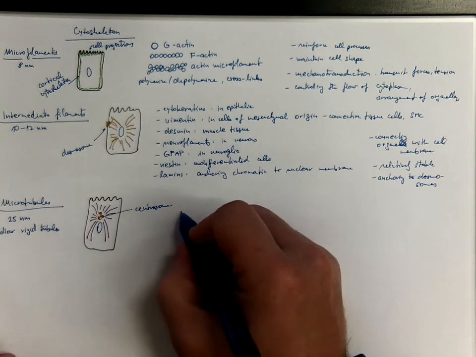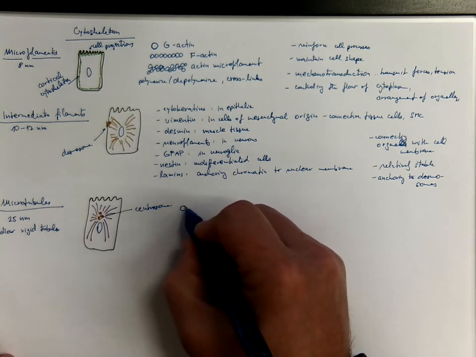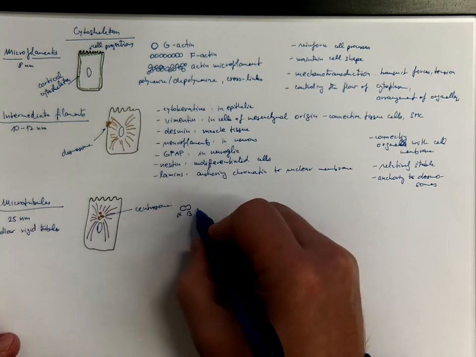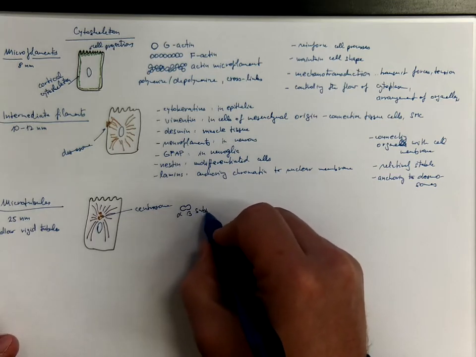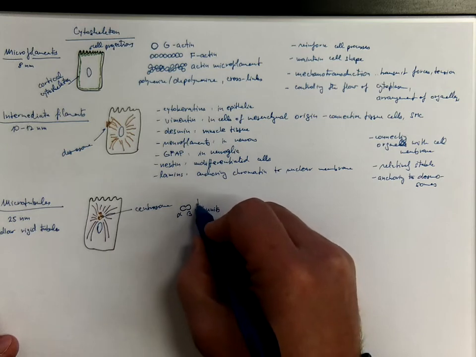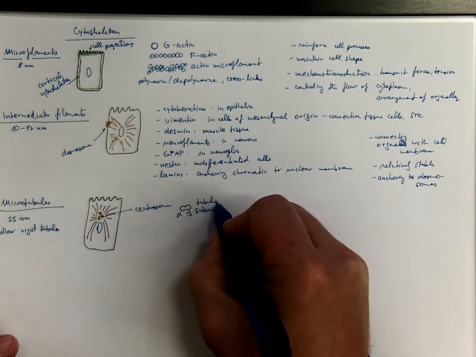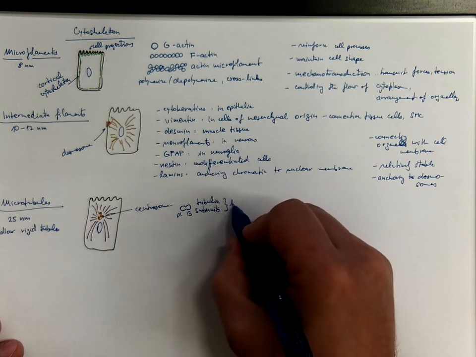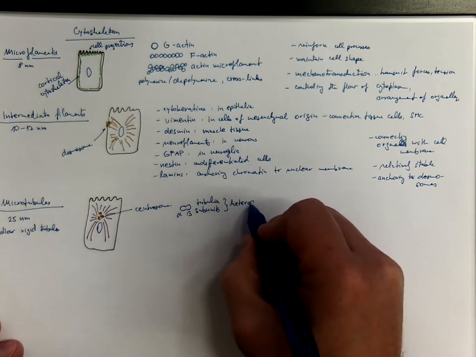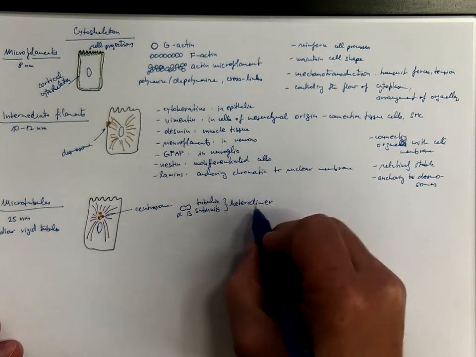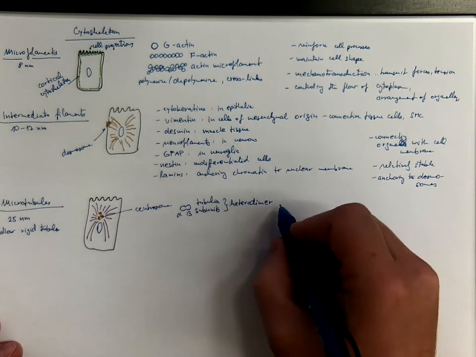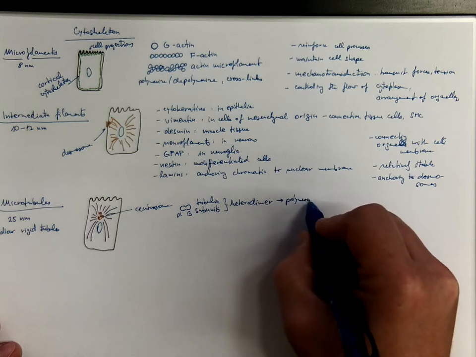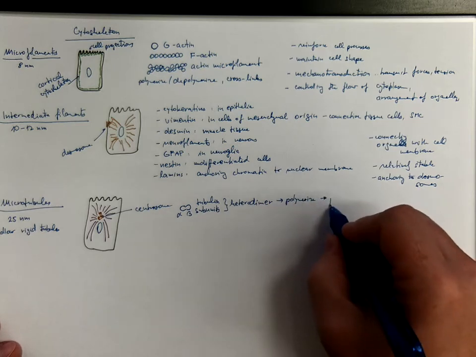And they are made of alpha and beta subunits of tubulin, that form a heterodimer made of these two subunits that has a tendency to polymerize into protofilaments.